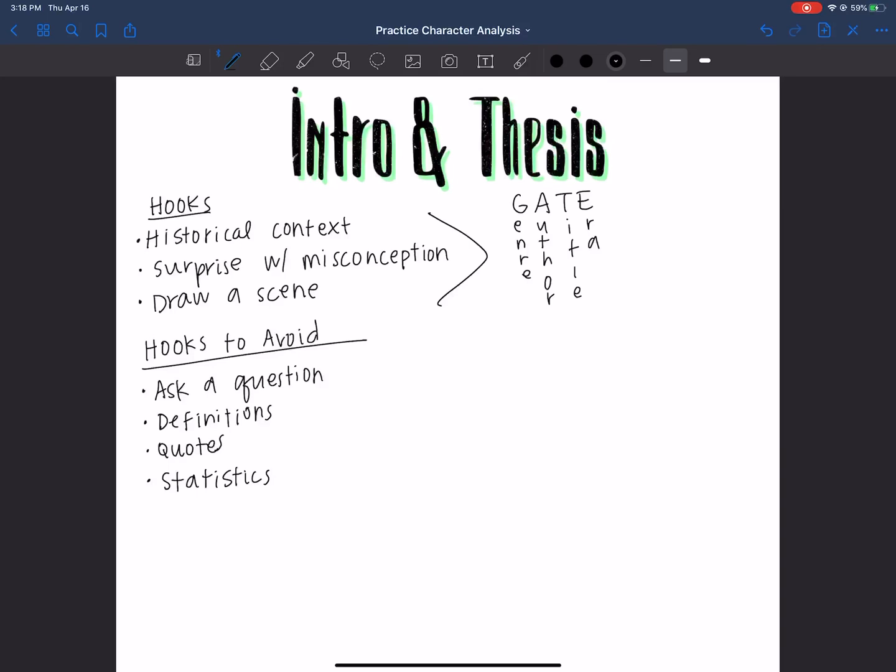So there are a couple ways that you can write a thesis. All year, I have been telling you a very formulaic way to write a thesis, and that is still okay in 9th grade. But I do want you to know that beginning next year in 10th grade, and then obviously in the later years of your high school career, you are not going to be able to get away with that formulaic thesis. We do it in 9th grade because this is a transition year, right?